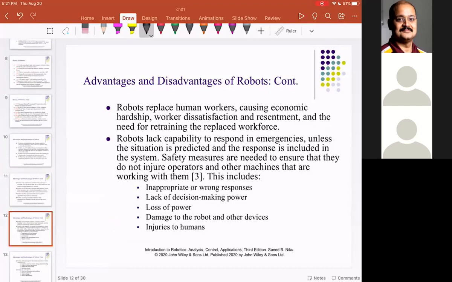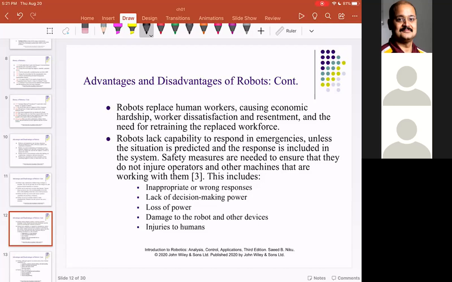Now, this is what is argued a lot of times, that robots may replace human workers. There are arguments for and against it, depending upon the industry. In certain industries, it makes sense to use robots. In fact, that improves productivity. In certain cases, the robot may not be the right way to do it.